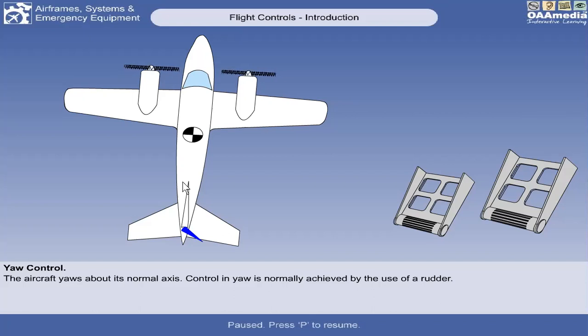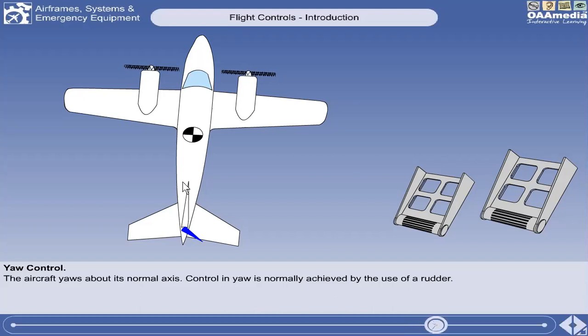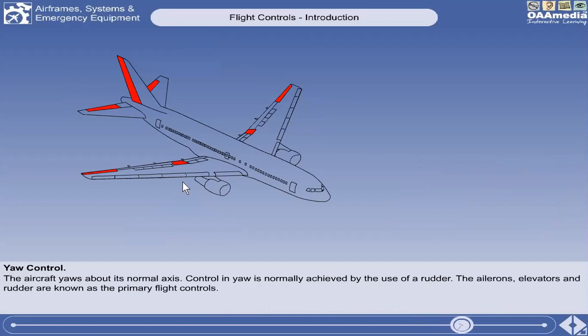So there is a huge difference between the operation of the control surfaces in an aeroplane and in automotive vehicles. The ailerons, elevators, and rudder are known as the primary flight controls.